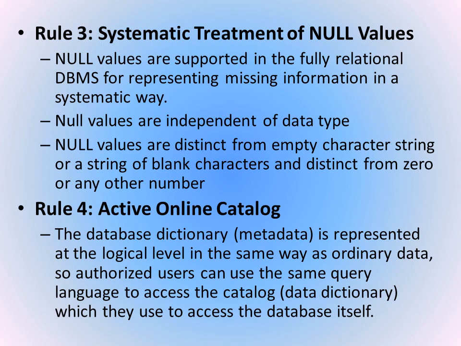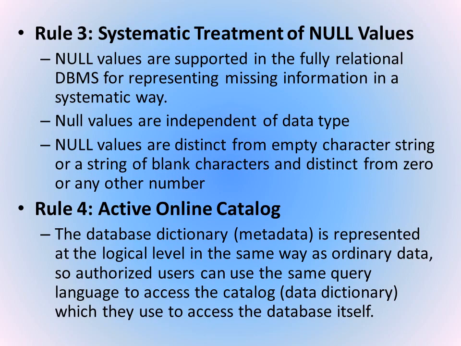Now rule 4. Active online catalog. The data dictionary, also known as metadata, is represented at the logical level in the same way as ordinary data. So an authorized user can apply the same relational language to query the data dictionary as they apply to regular data.